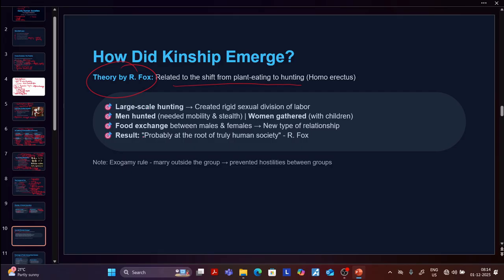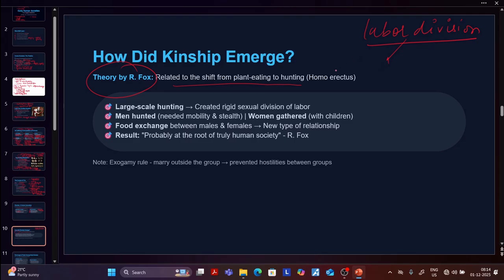Large scale hunting created a rigid sexual division of labor. Labor division because of large scale hunting. Men hunted because hunting required mobility, stealth, and sustained focus.